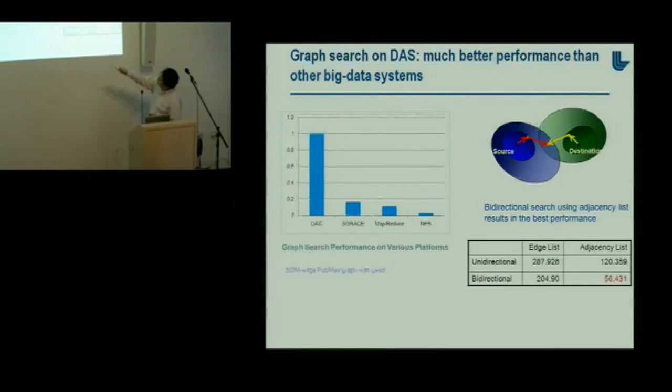The DOS system is actually 5 times better than the second best, which is the S-grade system. I attribute this to data parallelism, being able to process data in parallel, and also their underlying library, optimized for sort and join and other operations, which really works well. The combination of those two techniques gave us this good performance.